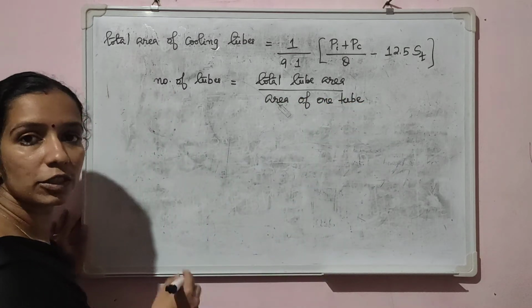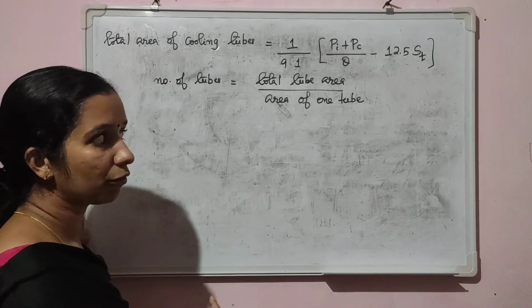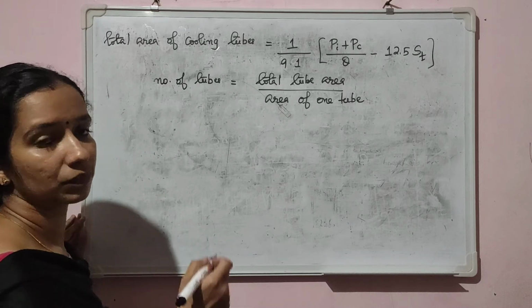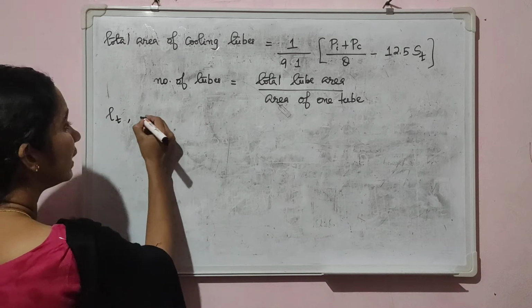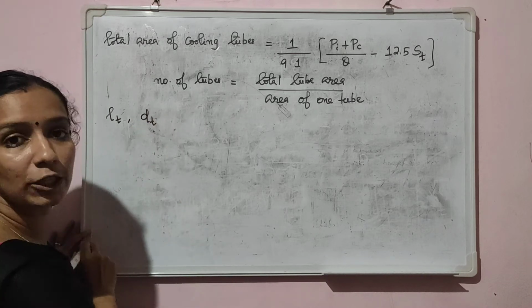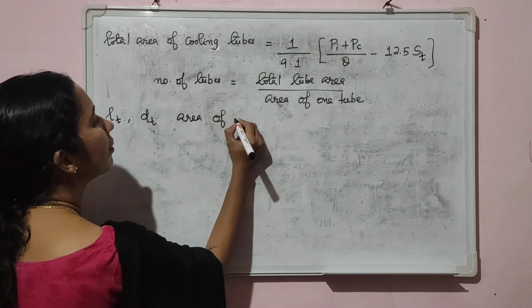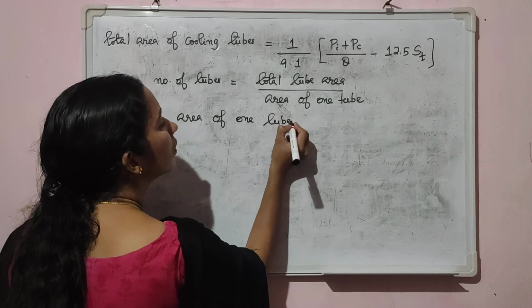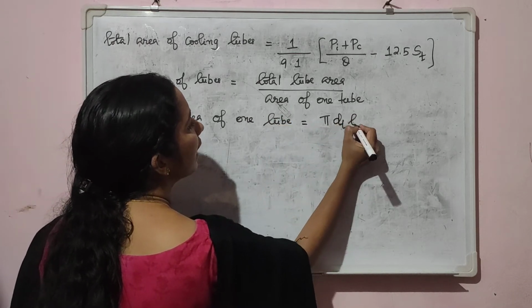Okay, so now tubes are cylindrical in shape, so the area of the tube will be similar to the surface area of a cylinder. So let LT be the length of the tube and DT be the diameter of one tube. Then area of one tube can be written as pi dt LT.